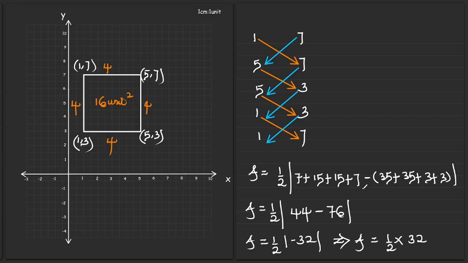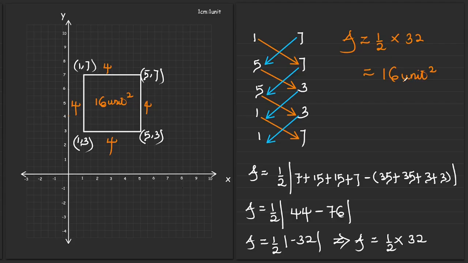When we evaluate this, we get our area being equal to 1 over 2 times 32, which gives us 16, the same as what we had over here. So 16 square units.